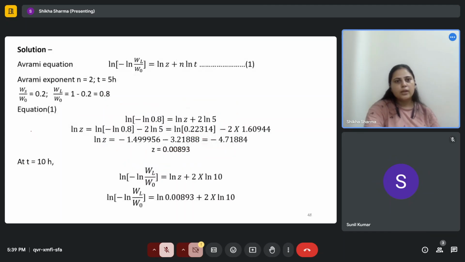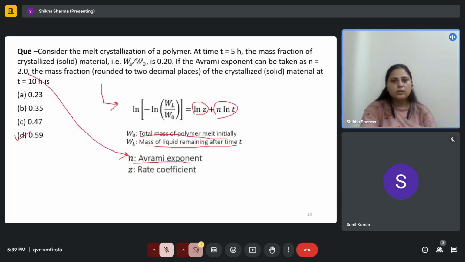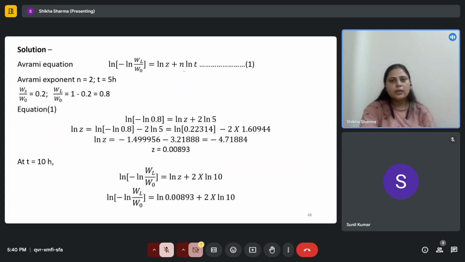0.59. So let's solve. As we know Avrami's equation, ln of minus ln Wl by W naught, where Wl is the mass of the liquid remaining after time t divided by W naught at the initial time, equals ln Z plus n ln t. So the n value, which is the Avrami exponent, is given as 2, at t equals 5 hours. We are first calculating.